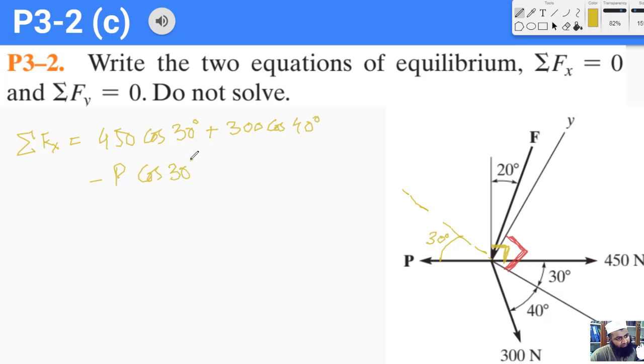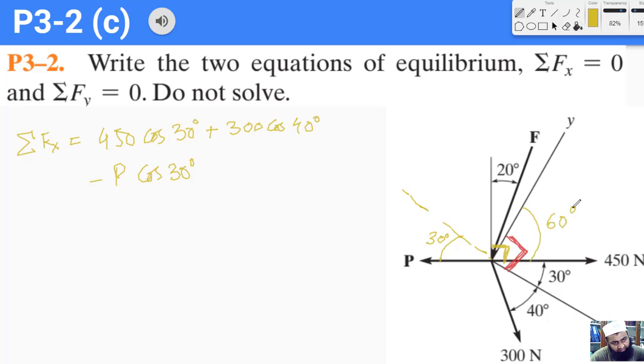And the last force is this force F, which makes an angle of 20 degrees with this perpendicular. So now we have to figure out the angle. This angle is 90 degrees, which means that this angle is 60 degrees.